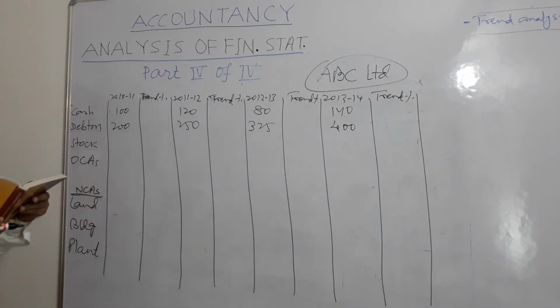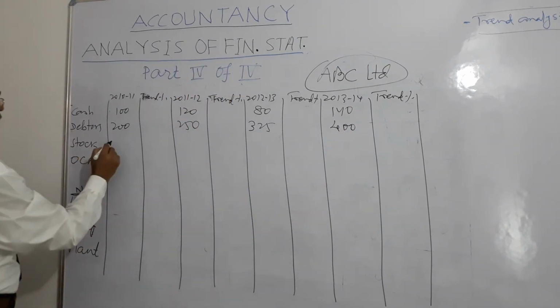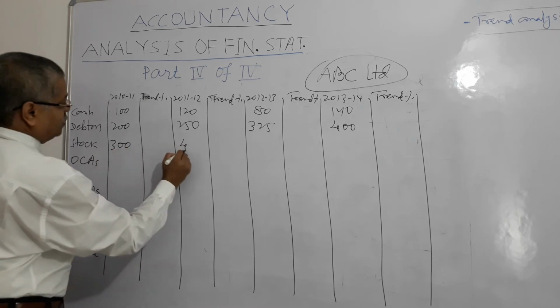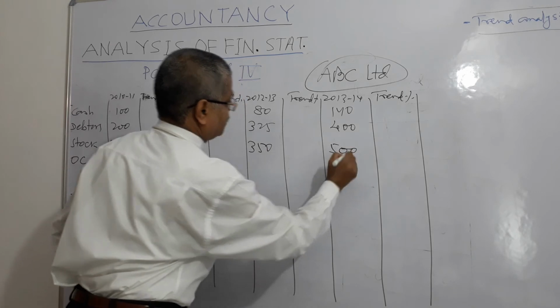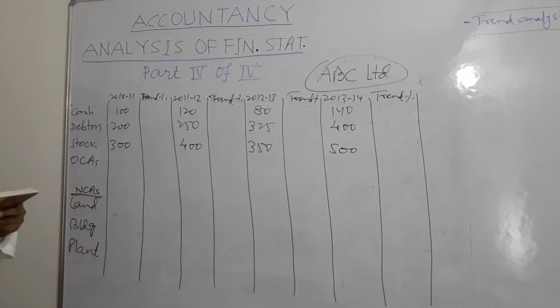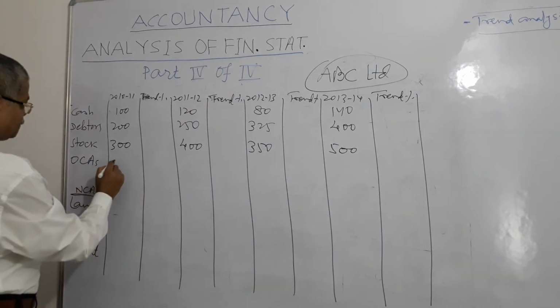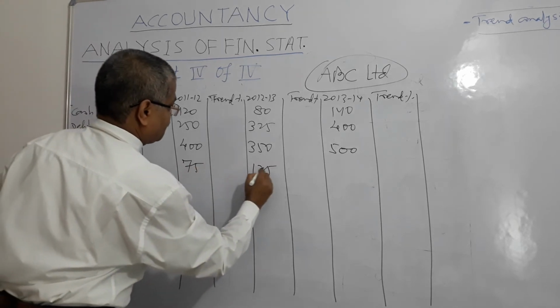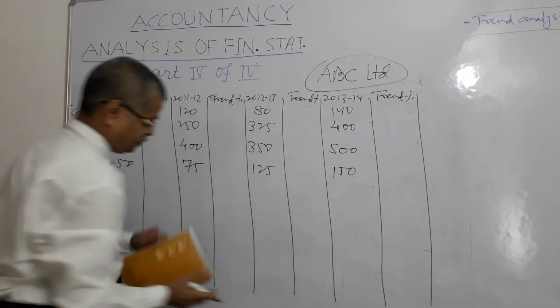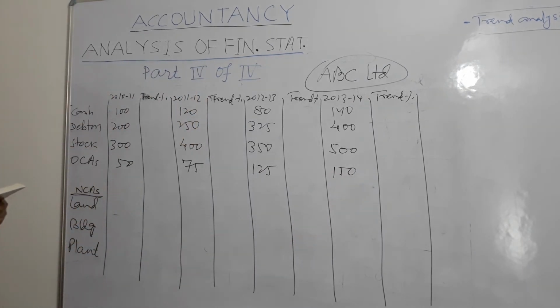Stock: 300, 400, 350, 500. Other current assets: 50, 75, 125, 150. Okay.